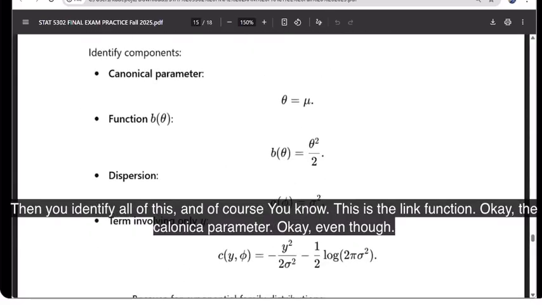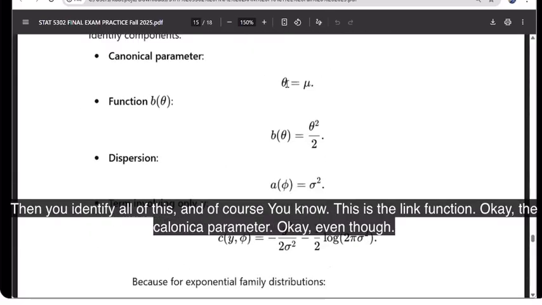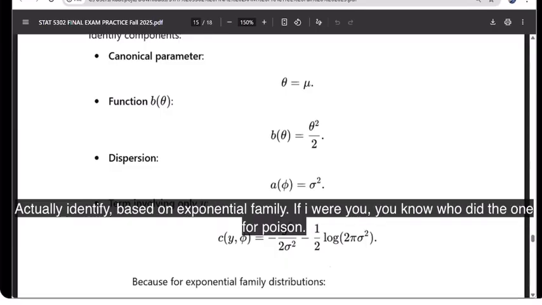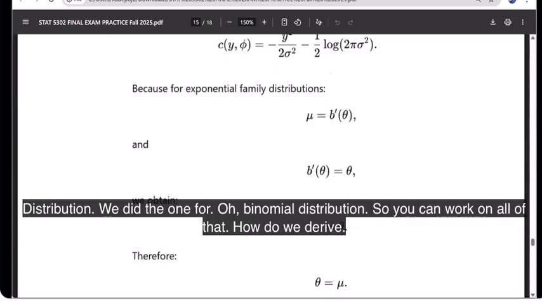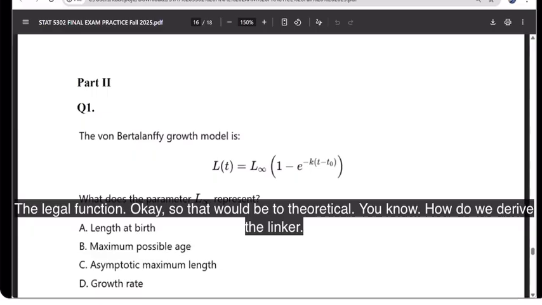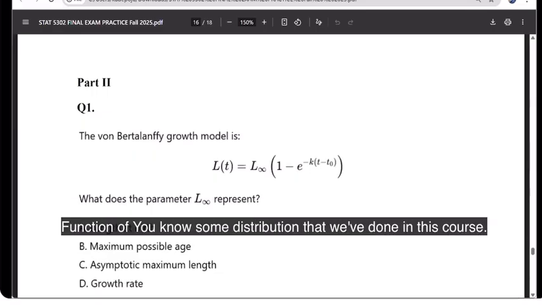Then you identify all of this, and this is the link function, the canonical parameter, even though we have others that we can identify based on the exponential family. If I were you, we did the one for the Poisson distribution and the one for the binomial distribution, so you can work on all of that. So how do we derive the link function? That would be theoretical: how do we derive the link function of some distribution that we've done in this course?